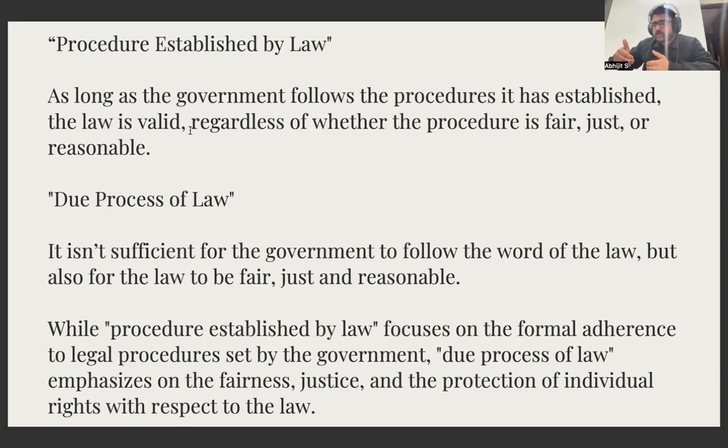Whereas for due process of law, the entity that checks the parliament, which is the judiciary, has the power not only to check the executive's actions, to analyze as to if the executive's actions are in accordance with the law that was passed by the parliament, but also to analyze the law itself that was passed by the parliament, to analyze as to if it was fair, if it was just, if it was reasonable, and if it provides protection to individual rights, and even if there are limitations on those individual rights, whether those limitations are reasonable or not.